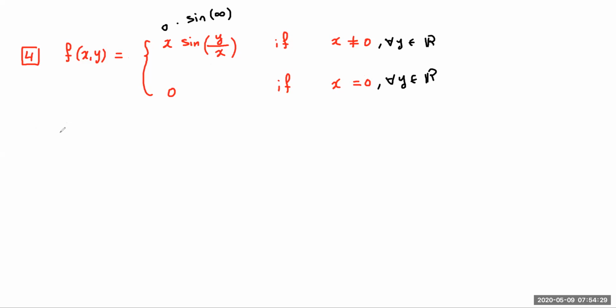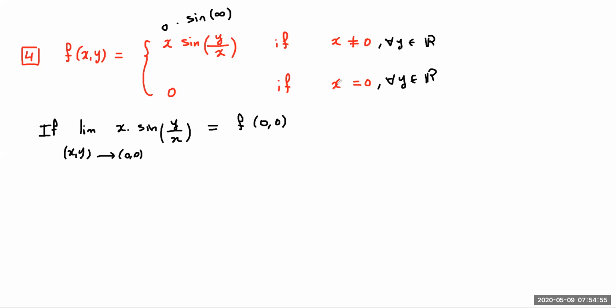So if we can prove that the limit of x times sine(y over x) when (x, y) approaches (0, 0) equals f(0, 0), what is f(0, 0)?